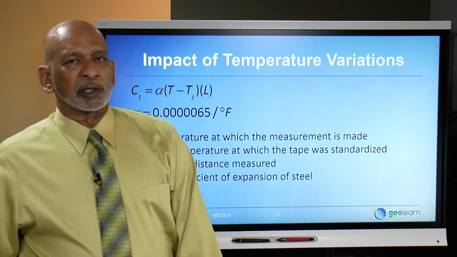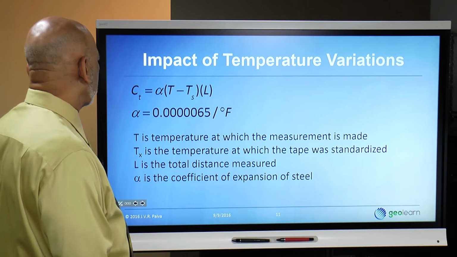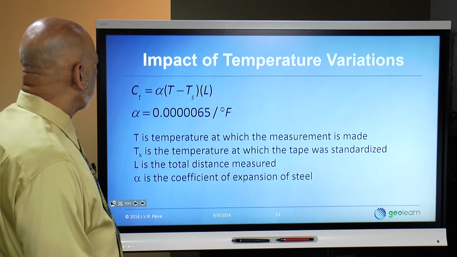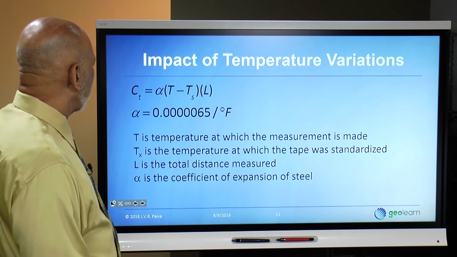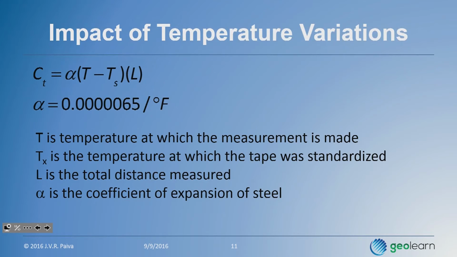But here's the equation: C sub t, the correction for temperature, is equal to Greek lowercase alpha times (T minus T sub s) times L. And as I say here, T is the temperature at which the measurement is made, and this particular equation is set up for degrees Fahrenheit.